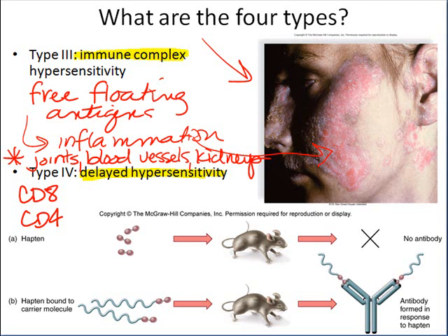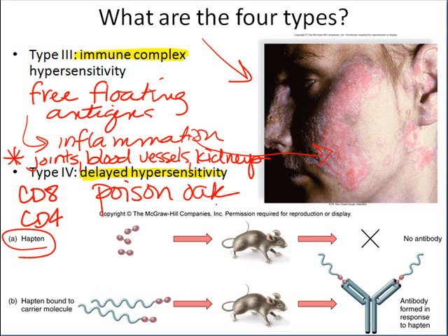If we look at haptens, remember haptens I told you were molecules too small to stick to an antibody in and of themselves, but once they stick to other larger molecules, then they can stick to an antibody. With poison ivy and poison oak, the poisonous chemical in that is a hapten. It's very tiny.